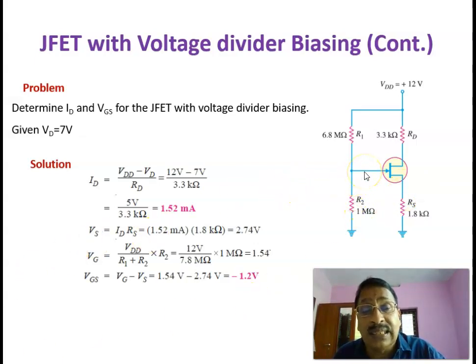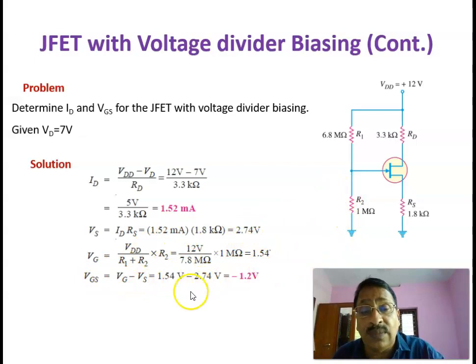VGS is nothing but the voltage at the gate with respect to ground minus the voltage of the source with respect to ground. The voltage at the gate with respect to ground we already found out, it is equal to 1.54. And the voltage of the source with respect to ground you found out is equal to 2.74.